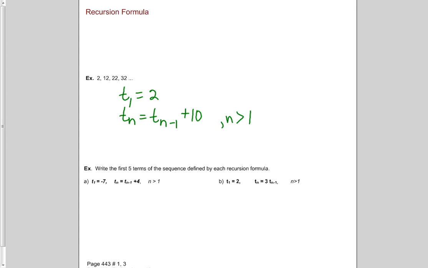A recursion formula is a recipe for generating the terms, starting with the first term. Sometimes you need the first 2 terms. A recursion formula has 2 parts. It is a recipe for generating terms.